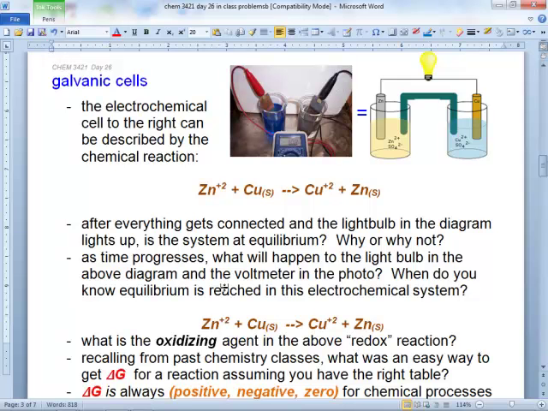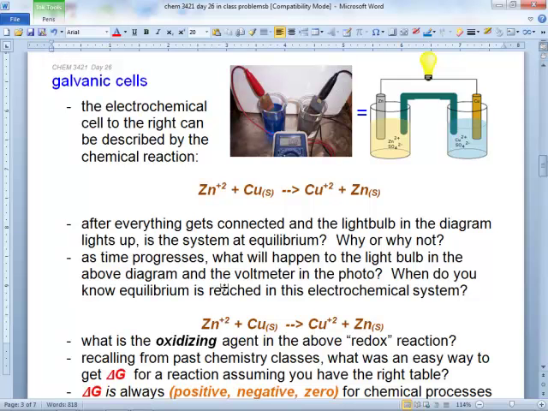So you have to kind of use your imagination here. You make the little connections and do it all right, and you can take a photo of it, and you get the little voltmeter to do something, right? Or you get the little light bulb there. After everything gets connected, the light bulb lights up.